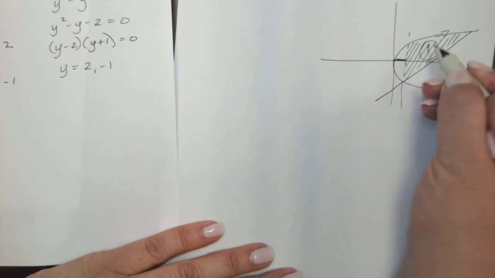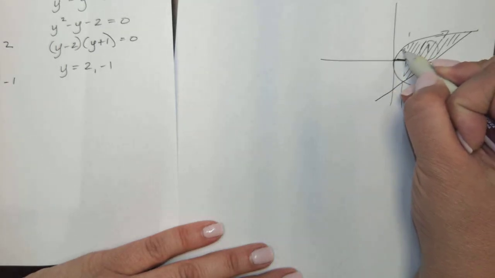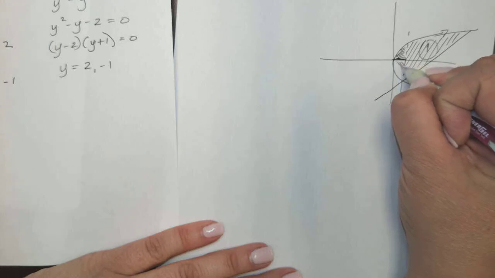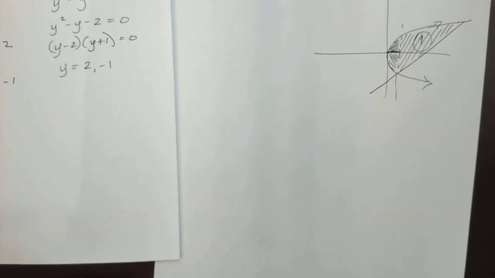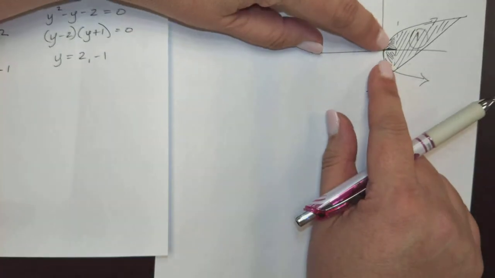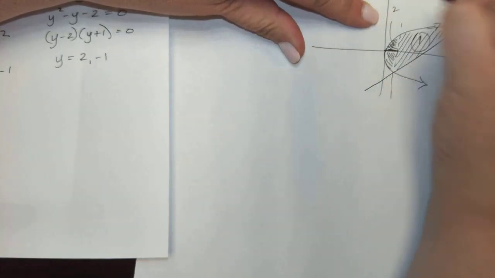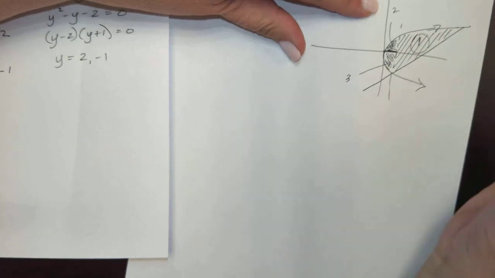So here I'm going to split this into 1 and 2. These are symmetric, right? So I'm going to say that this is area 2 and this is area 3.